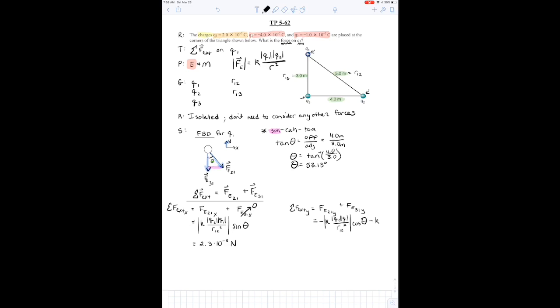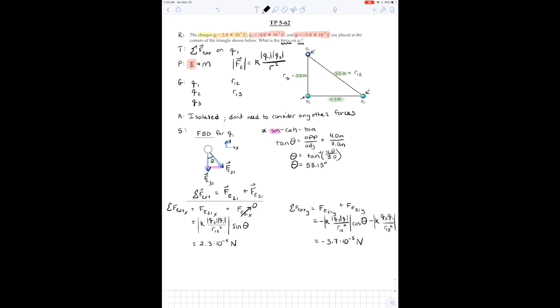And that is just Coulomb's constant times Q3 times Q1, or charge 3 times charge 1, all divided by the distance between the two squared. So I have that listed. And now I can plug all of those values into my calculator, and I get that the sum of the forces acting in the y direction is equal to negative 3.7 times 10 to the negative 5th newtons.